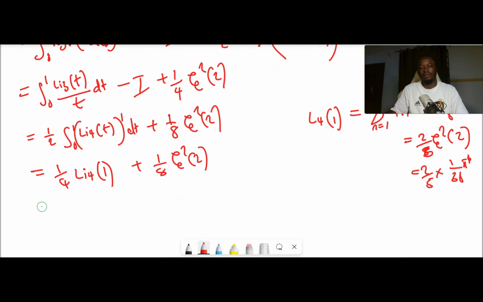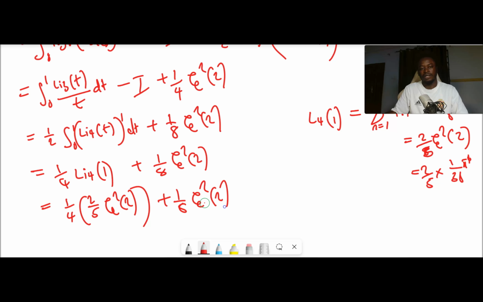So you have 1 over 4 times 2 over 5 zeta squared of 2 plus 1 over 8 zeta squared of 2. Now let's add 1 over 10 and 1 over 8.